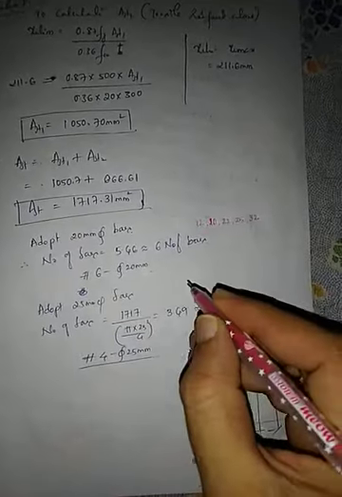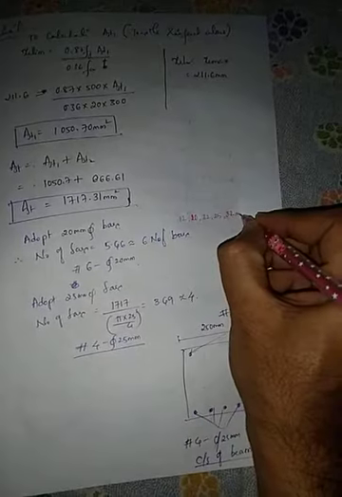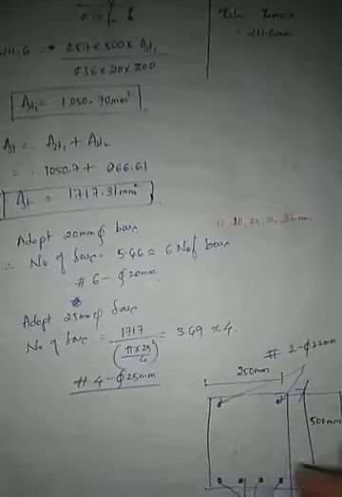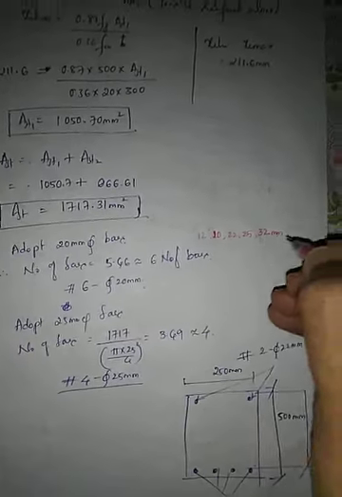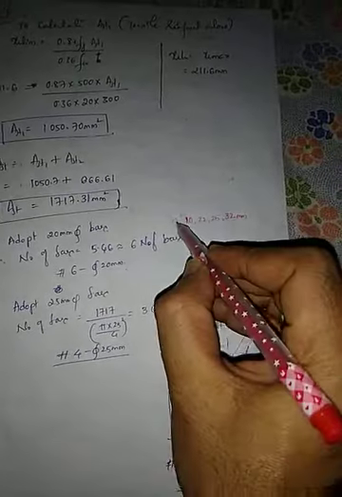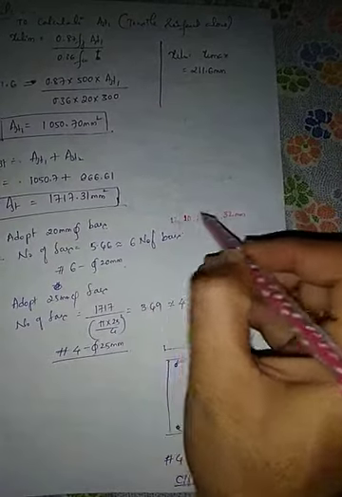So these are the reinforcements that will be provided. Longitudinal bars will be from 12 to 32 mm, maybe extended up to 50 mm. So these are the diameters available in the market.